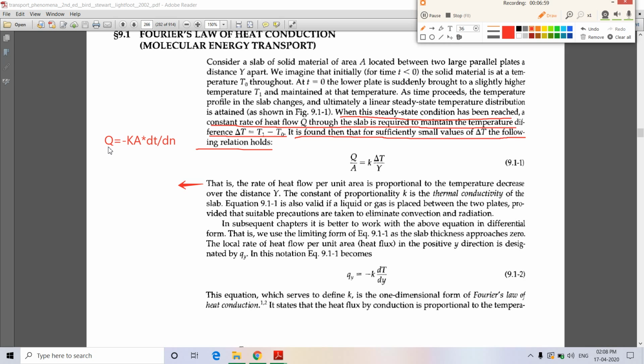That means rate of heat transfer Q through a uniform material by conduction is directly proportional to the area normal to the heat transfer and the temperature gradient in the direction of heat flow. Here I write the equation: Q is equal to minus K A dT upon dN. What is Q?